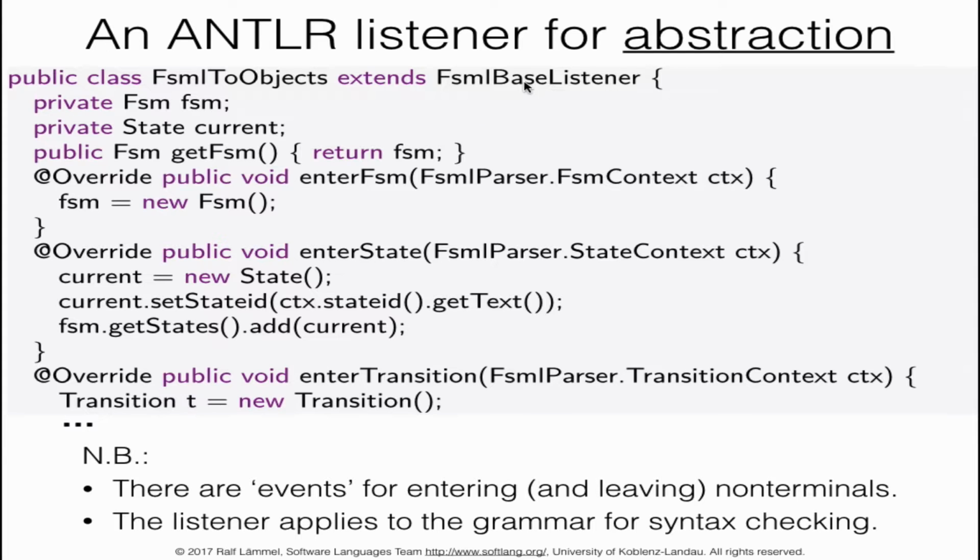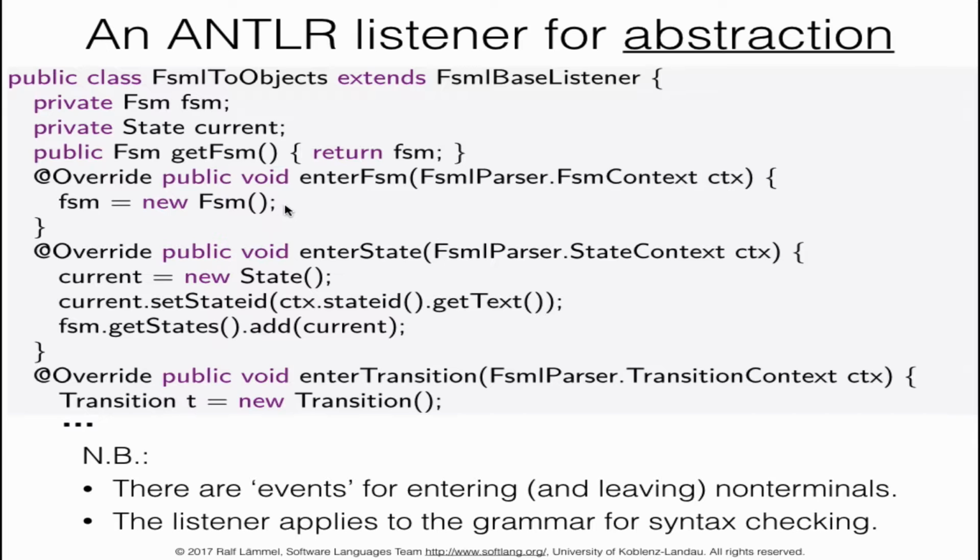So a listener for FSML basically has enter and exit methods for all syntactic categories. In this manner, we imagine to walk the concrete syntax trees, and we can then, at appropriate points along this walk, perform functionality.